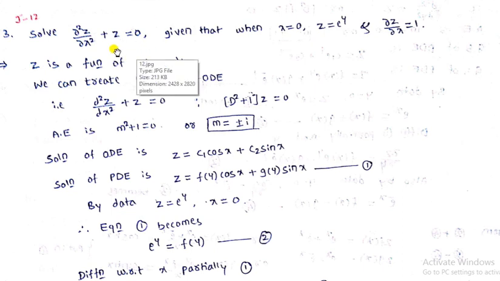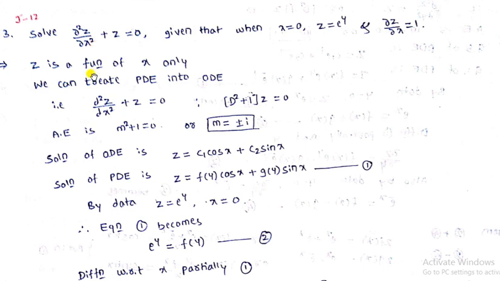Next example, solve ∂²z/∂x² + z = 0, given x = 0 and z = e^y, and x = 0, ∂z/∂x = 1. In the previous problem z was a function of y, but here z is a function of x.